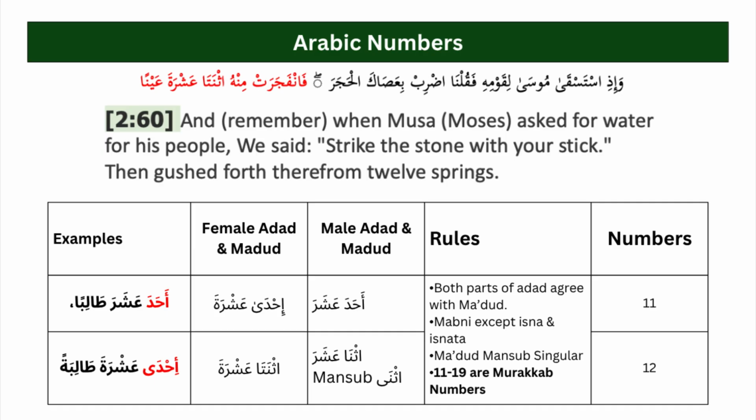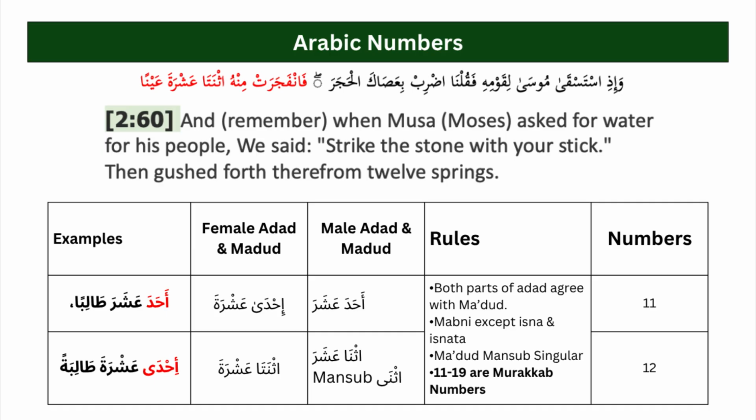With a feminine madud, the number is feminine. The second point says, these numbers are mabni, except for ithna and ithnata. This means that most of the forms are fixed, but 12 is special because its first part behaves differently and shows grammatical change. The third point says, the madud is singular and mansub.